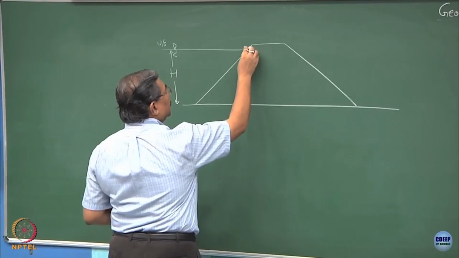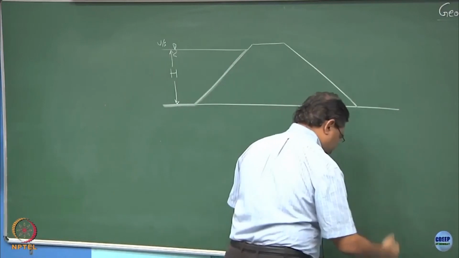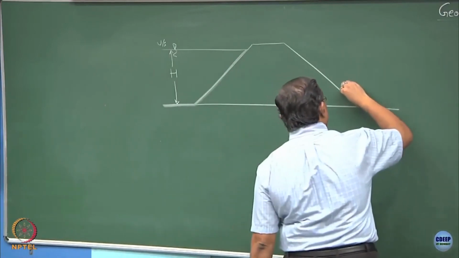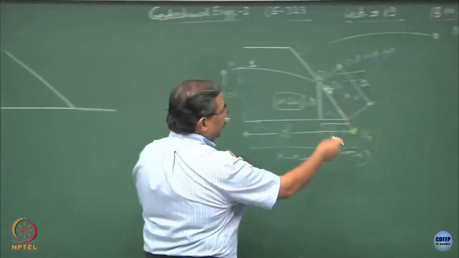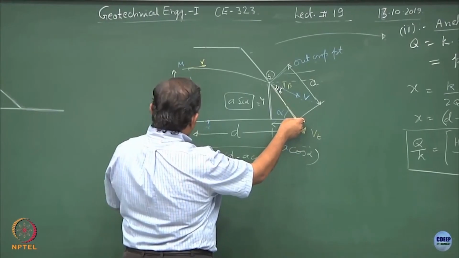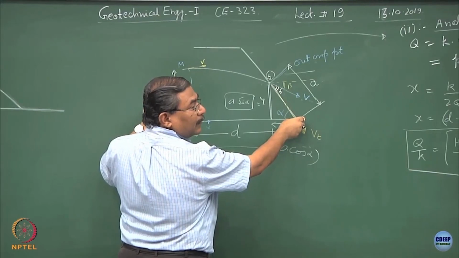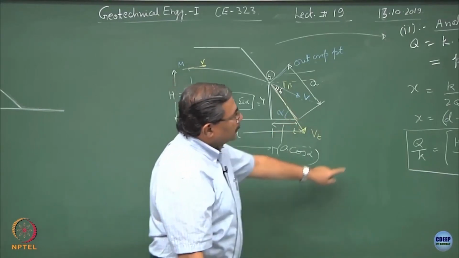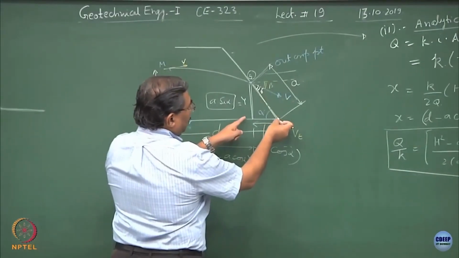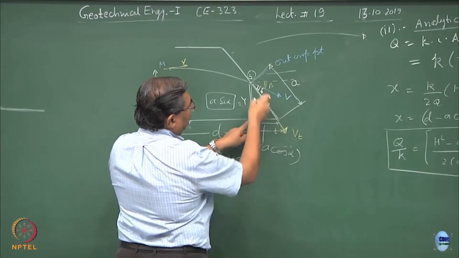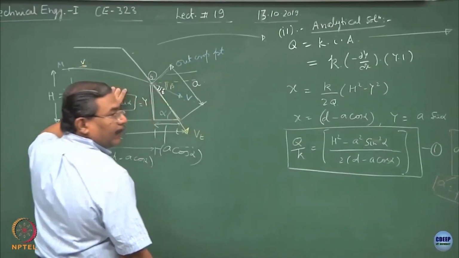This is the equipotential line, and this side is also an equipotential line from the end point to the point where I have taken Y equal to H. Alright, that is how I think I created boundary conditions. So, from this point, this is A cos alpha, and then I am substituting the value of A as this thing, A sin alpha Y.